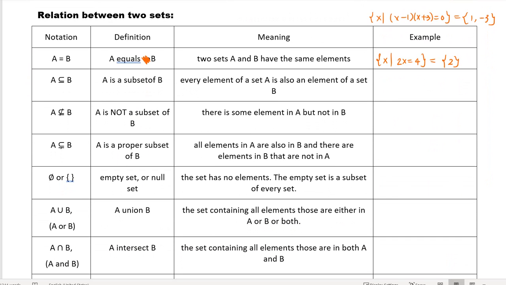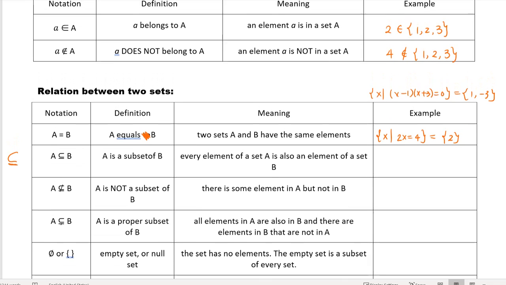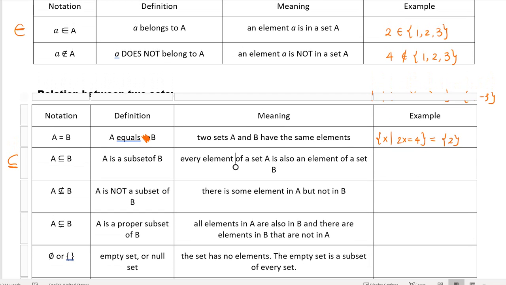Next, this sign means A is a subset of B. A subset is like a smaller set contained in B. It means every element of set A is also an element of set B. The notation is like the C, but you put a horizontal line segment under the C. The belongs to symbol has the horizontal line segment in the middle, but now you put the line segment under the C. So this means subset.